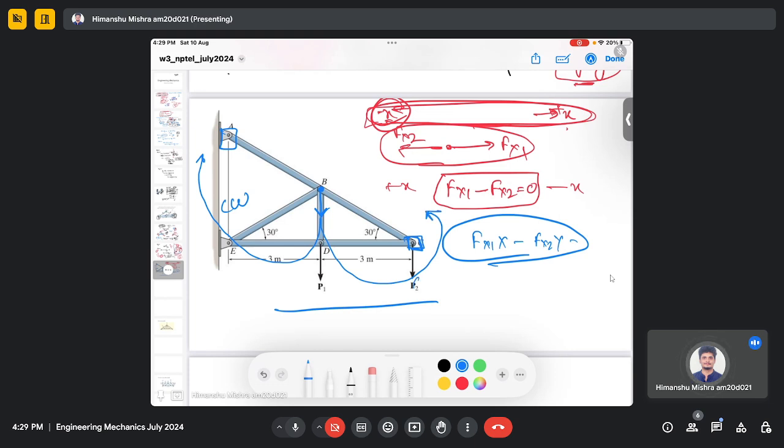It's a counterclockwise direction. So your mathematics will change here. If you take the point C, the mathematical equation will get changed, and you will find that both have different mathematical equations, and you can see the direction of moment changes when you consider point C.